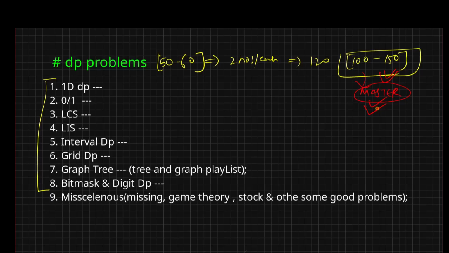Not only consistent, you have to be active. Active means that you have to try by yourself, not just watch the video. That's not going to help you. For example, suppose you have 10 problems. For the first 4 to 5 problems, you can just watch the video and understand what is going on.